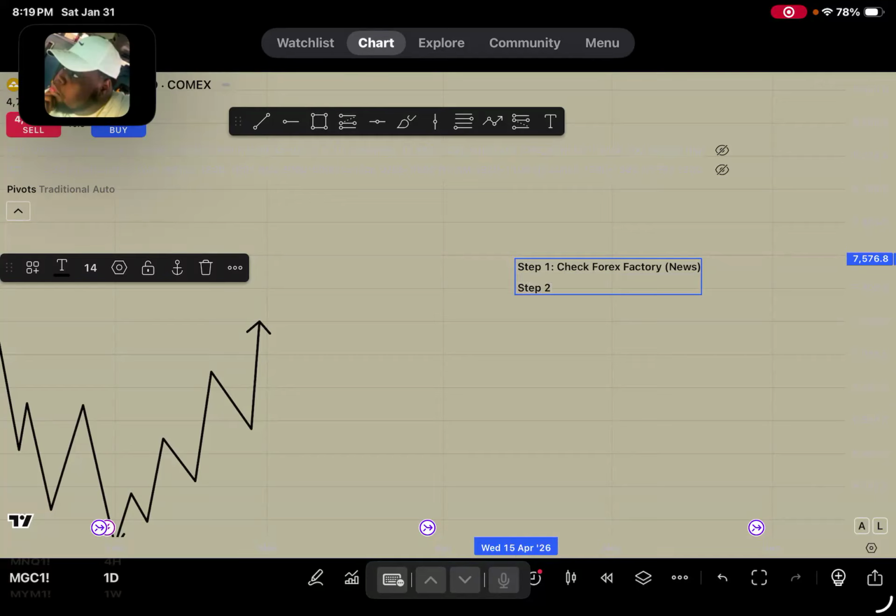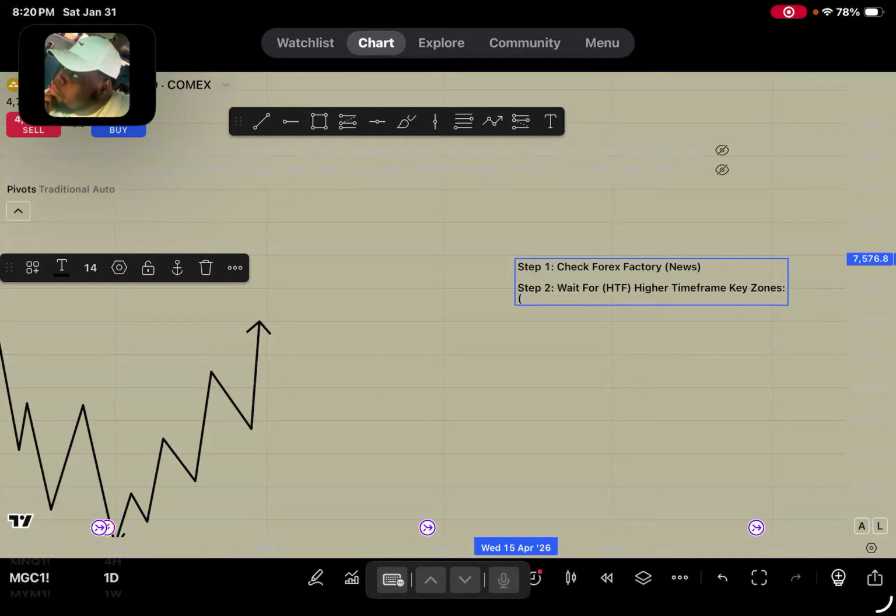Step two: wait for higher time frame key zones.